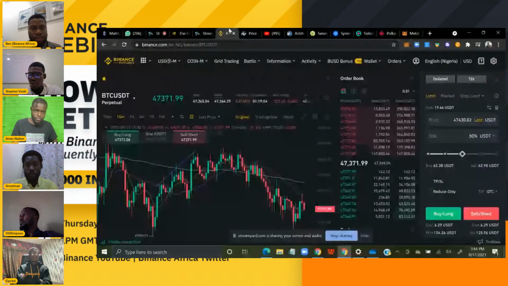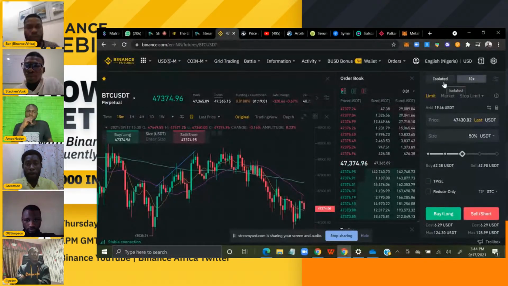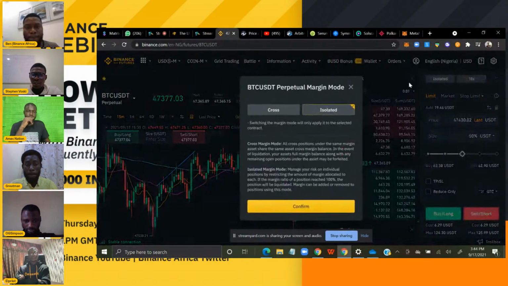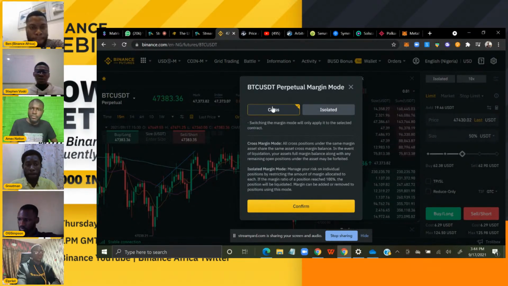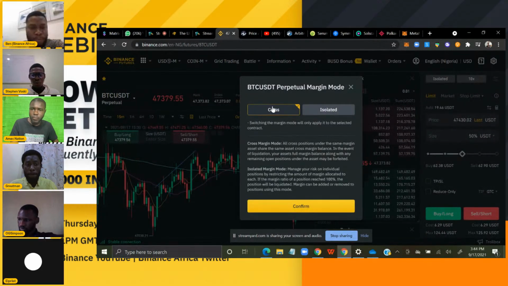Okay, so basically this is isolated and this is cross. Cross involves you using your entire balance for that trade. Let's say my balance is 12 USD and I use 6 USD for a trade.